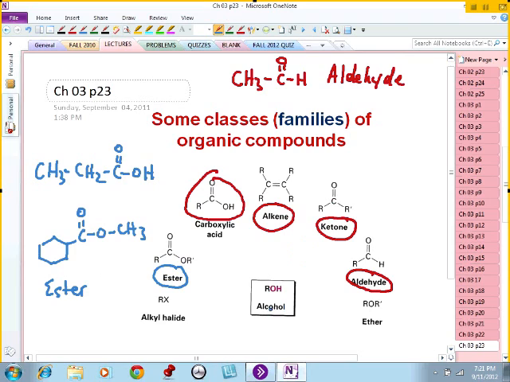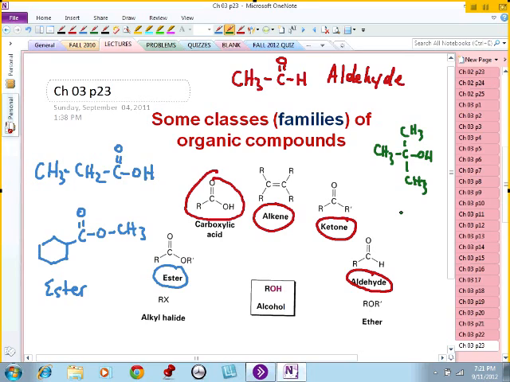Of course, we also have the alcohol, in which you have a hydroxy group. In this case, the hydroxy group must be attached to an sp3 carbon. Okay, for example, if you have this, that would be an alcohol. That's an example of an alcohol.